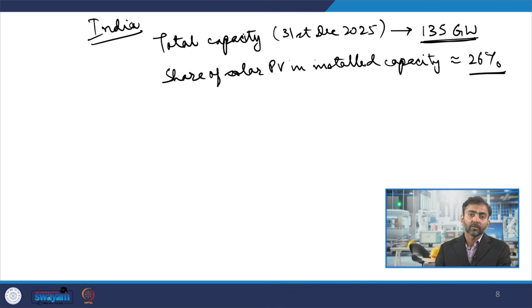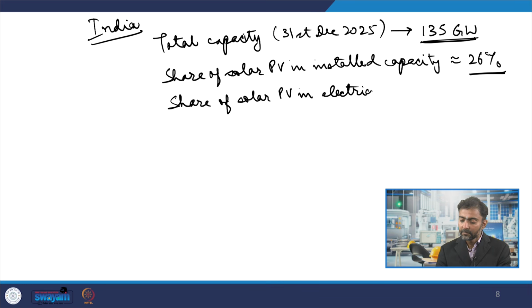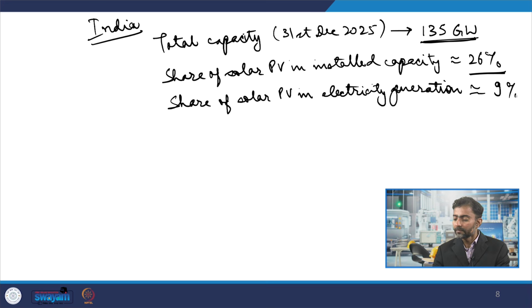But then there is also one matter of concern which we must be aware of as students of solar PV technology, and that is that the share of solar PV in electricity generation in India is roughly only around 9%.